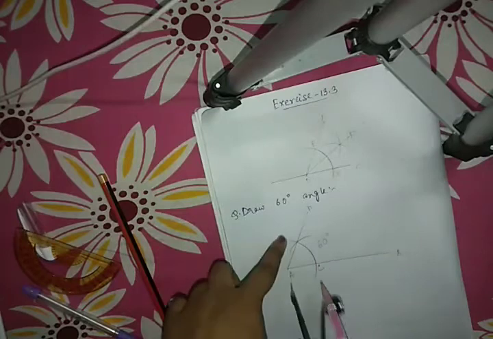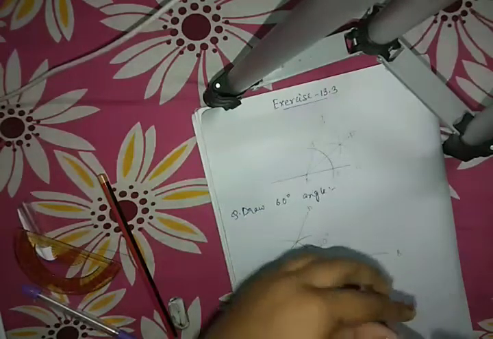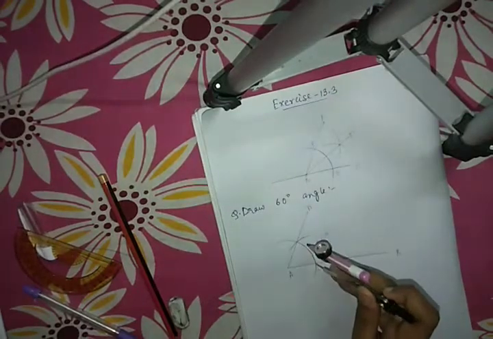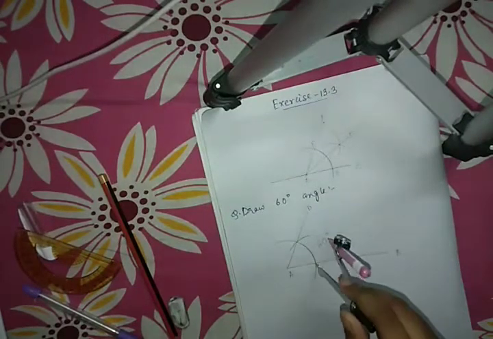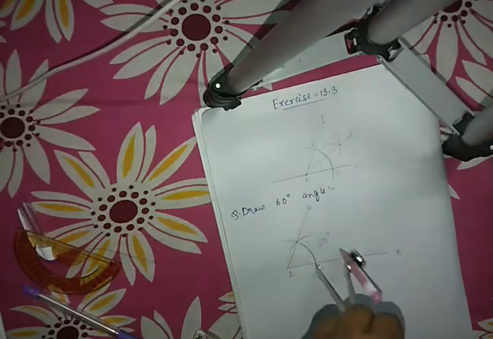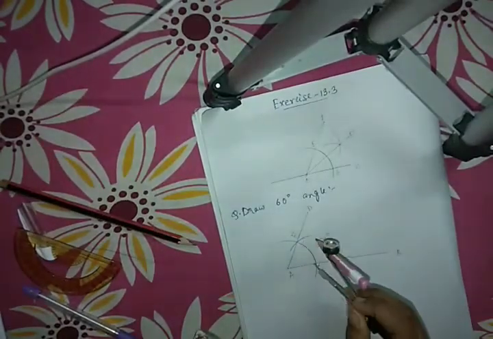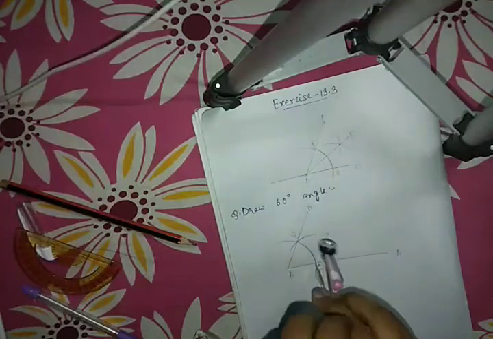This arc is intersecting these two arms of the angle at these 2 points. Now we will put the pointer on C. We will take more than half of the length of EC. This is E and this is C. Now what will we do?